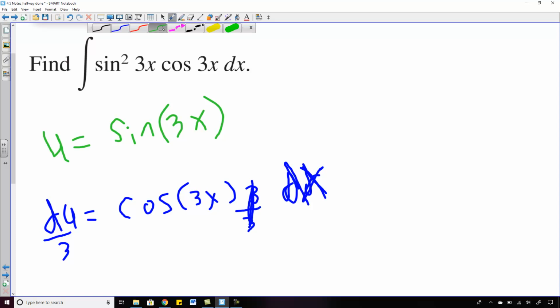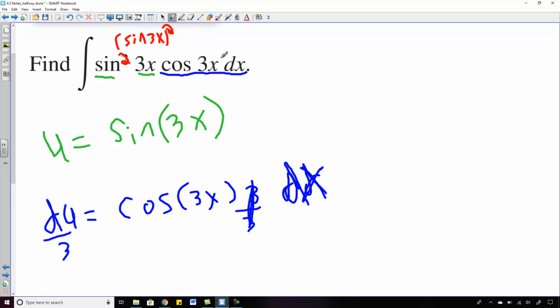So what I'm seeing is the u is this, the du is this, there's something still missing of course, and the outer function is the squaring function, because basically this is sine of 3x all squared.